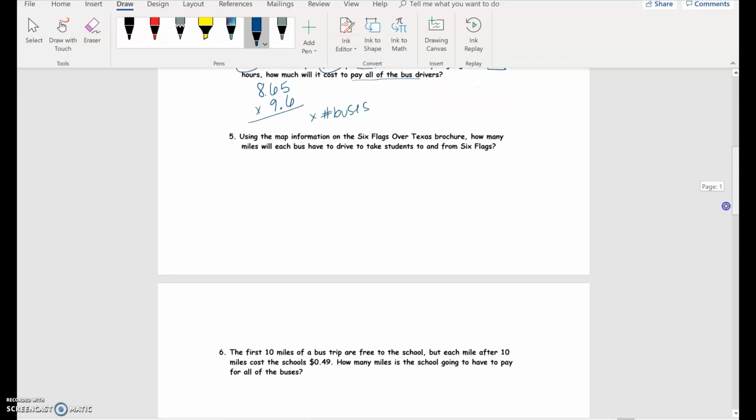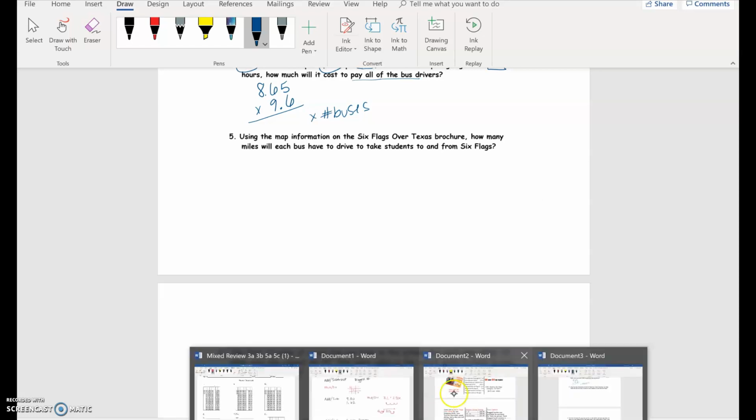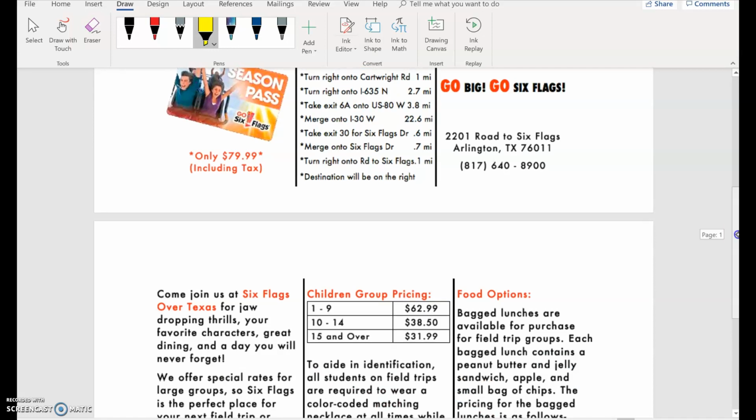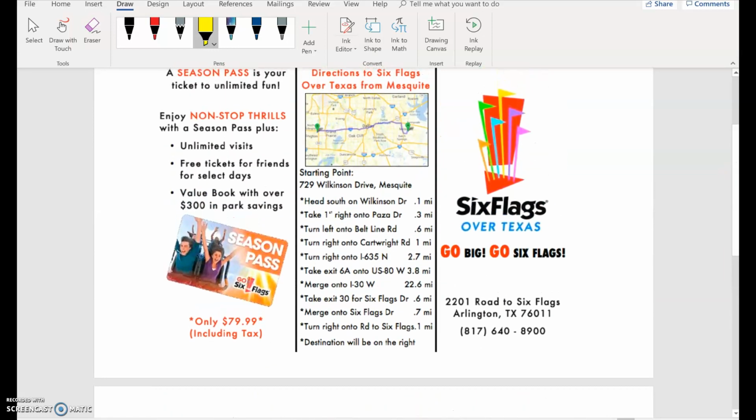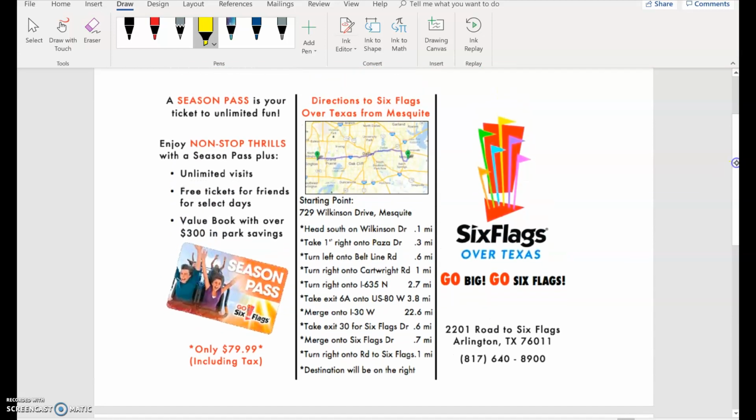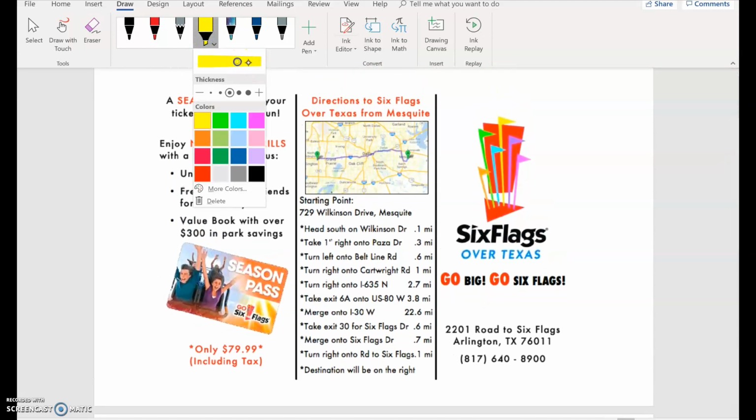Okay, so number 5, it says using the map information on the Six Flags Over Texas brochure, how many miles will each bus have to drive to take students to and from Six Flags? Okay, so we're looking at this brochure. Those are the directions right here in the middle.